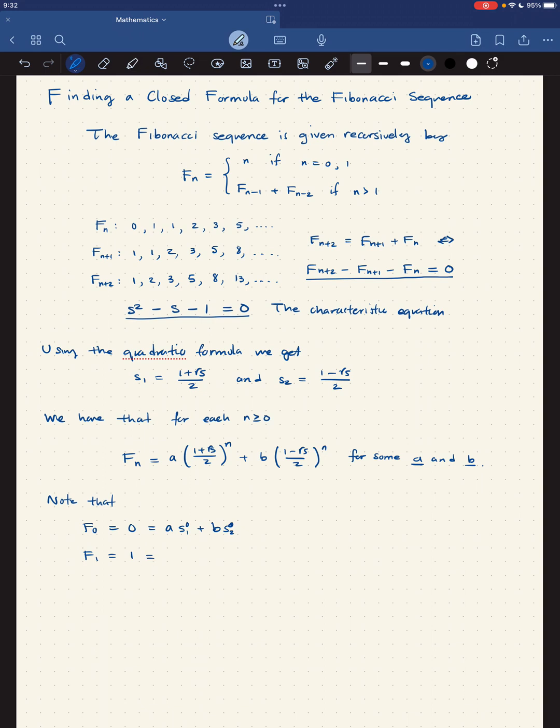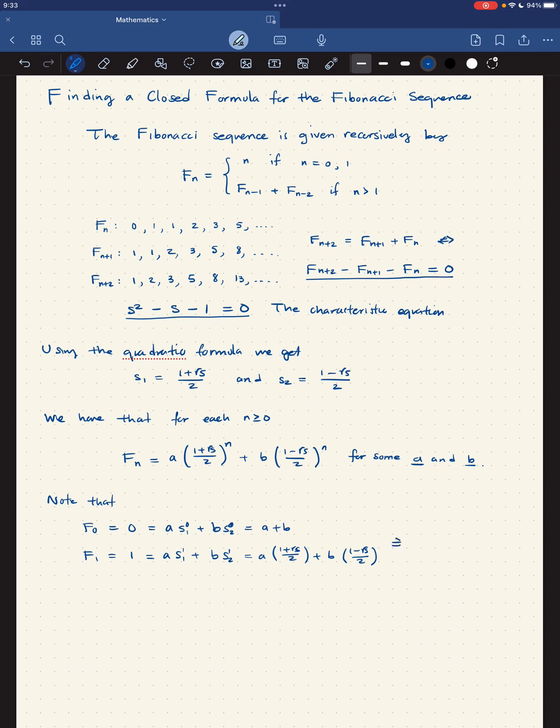And on the second equation, I would have a s1 to the power of 1 plus b times s2 to the power of 1. Of course, we may rewrite this as a plus b, and this one as a times 1 plus the root of 5 divided by 2 plus b times 1 minus the root of 5 divided by 2. From this we obtain a system of two linear equations in two unknowns.